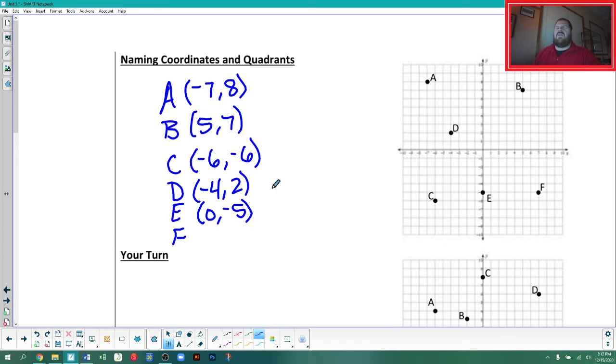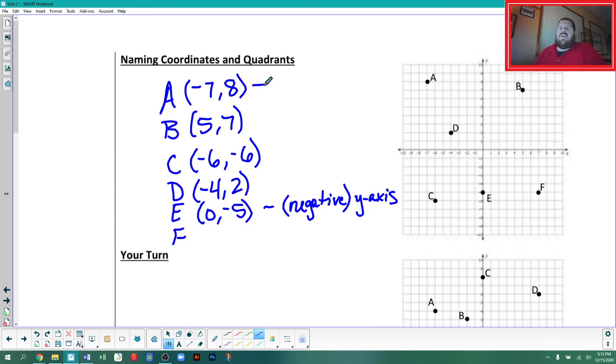And the trick there, talking about what quadrant it's in, if it's on an axis, we just say what axis it's on. Okay, this one is on the y-axis, and if we want to be super technical, we could say that it's on the negative y-axis. I would be okay if you just came up with y-axis, but if you want to be super definitive on where it is, you could say that it's on the negative y-axis.